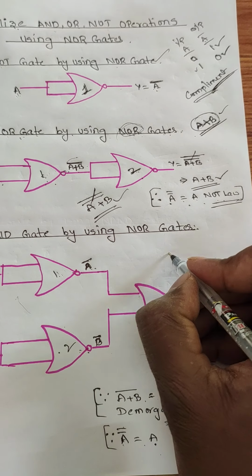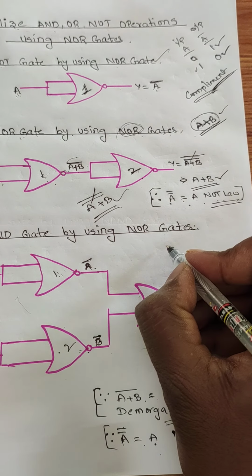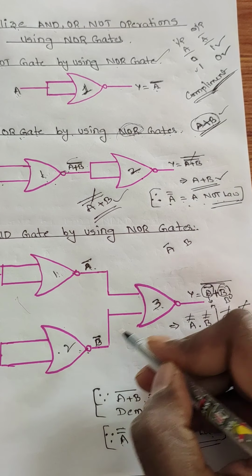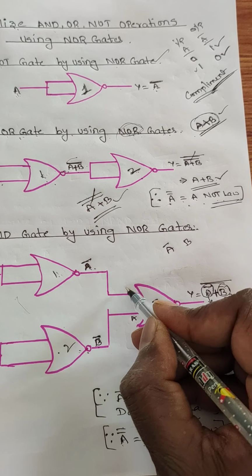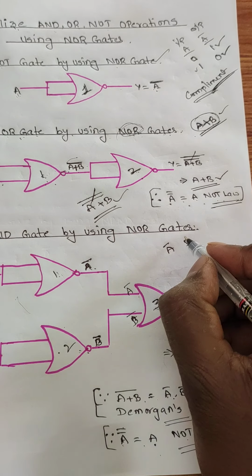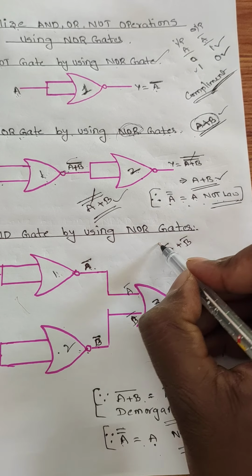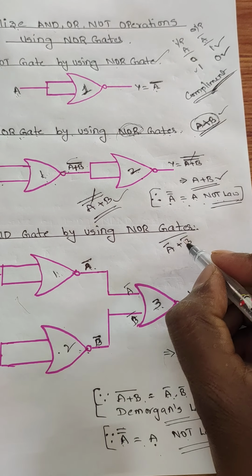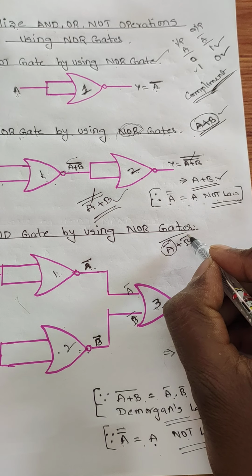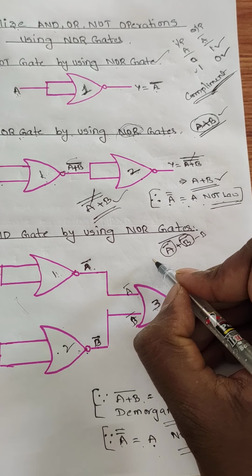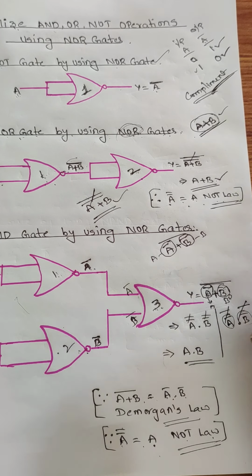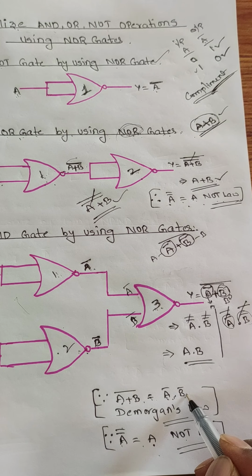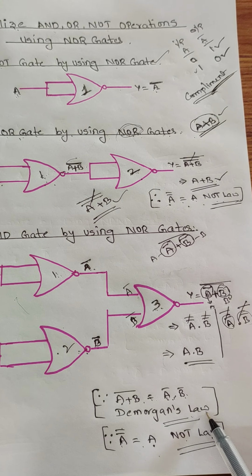So here we will see A bar and B bar as inputs, and keep plus and bar above it. As we know, treat this A bar as A and B bar as B. Then A plus B whole bar equals A bar dot B bar by using De Morgan's law.